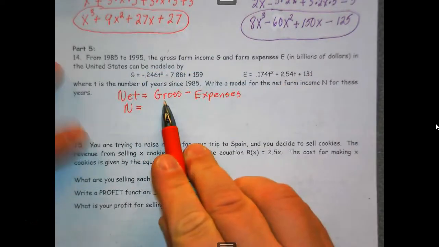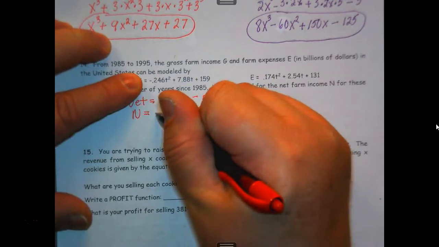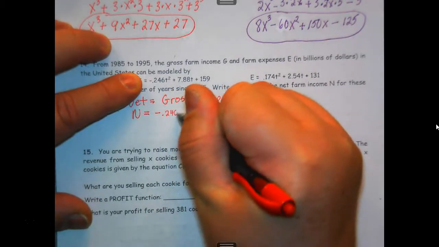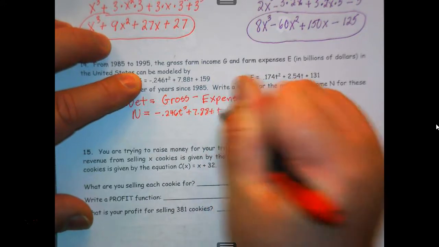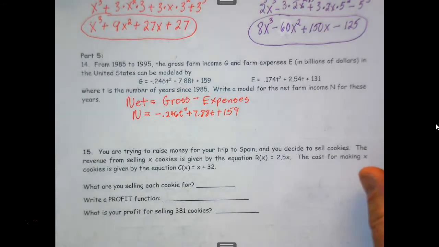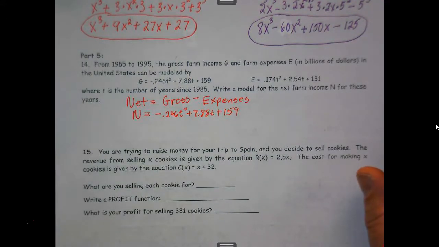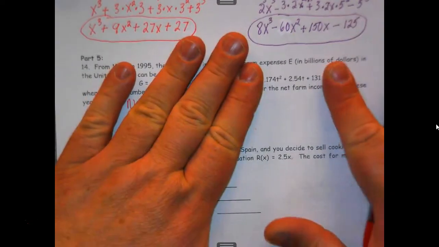My gross function is negative 0.246 T squared plus 7.88 T plus 159. That's my gross. And I have to subtract my expenses. Now, I have to subtract this total expense here.